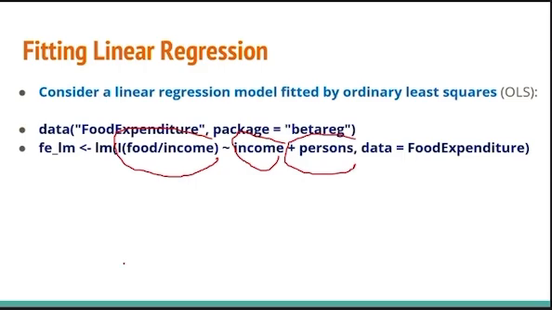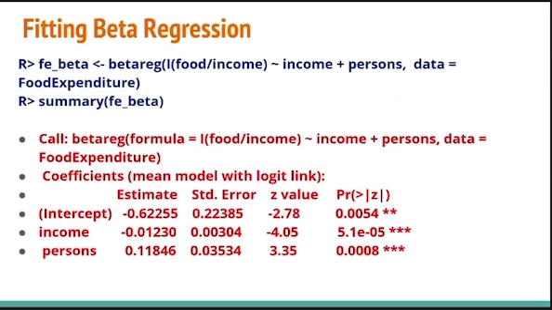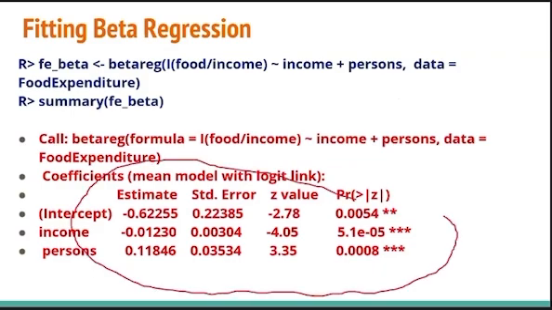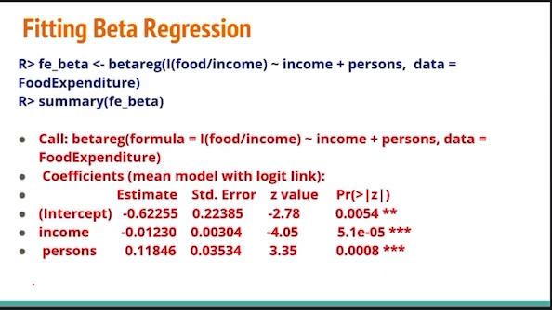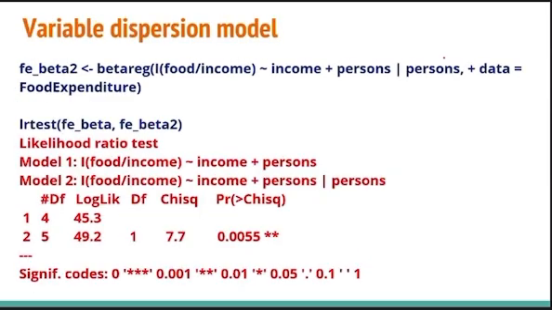If I use a mean model only, I'm going to get this result for the mean model only, telling me the income and the persons are significant individually. But I don't know whether this has addressed heteroscedasticity. To better understand, I have to use one of the predictors as a dispersion variable. Okay, which is, oh my God, why am I using persons?